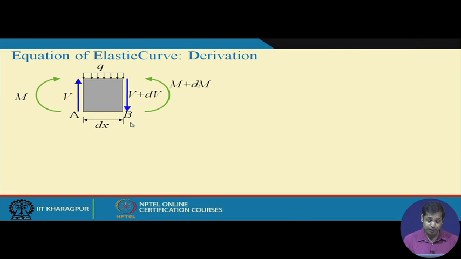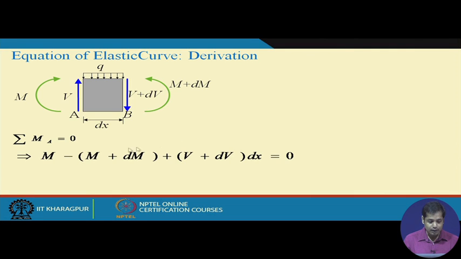Apply the equilibrium conditions on this free body diagram. Summation of moment about A is equal to 0, then it gives you this moment which is clockwise, then anti-clockwise M plus dM minus, then this force will not contribute any moment, and this force will contribute V plus dV into dx.